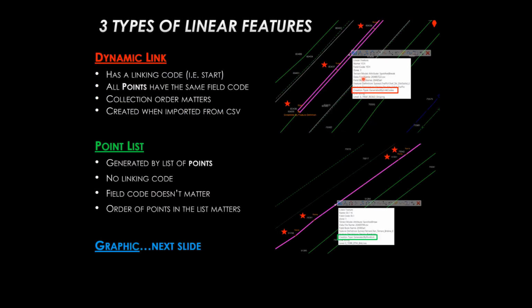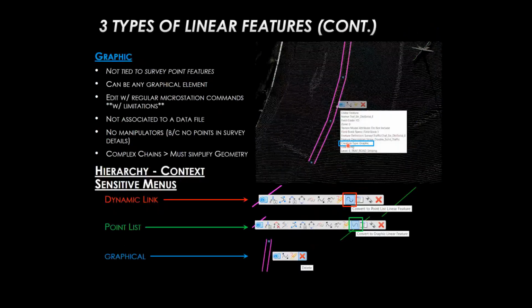If you notice, these are dynamic link and point list features, and all of these have a data file name in there. So this one I know came from my Topo file T22, and this one came from T99. Going back to my graphical features, I don't have that in here, so it has nothing to attribute that to.